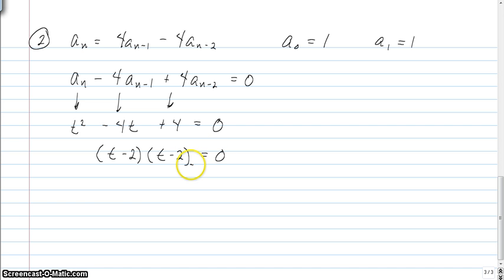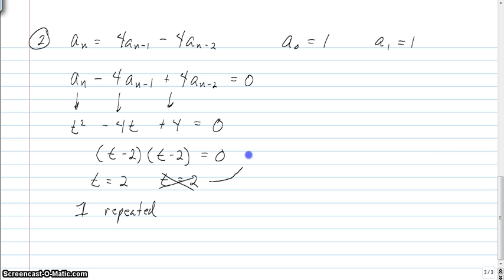Okay, so what we get in this case is we get a repeated solution. So really, we probably wouldn't write that solution twice, right? We'd just say we have one repeated solution.